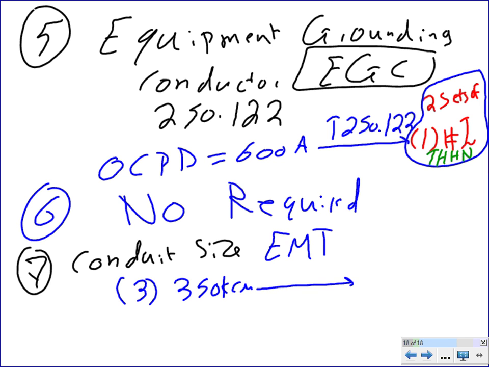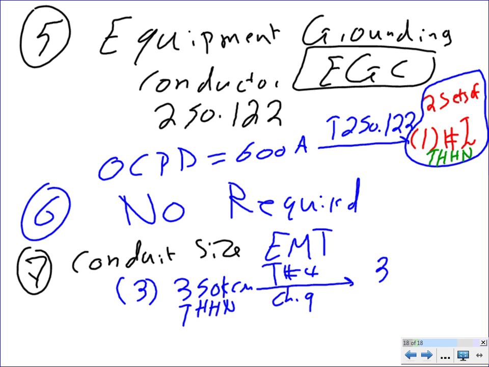kcmil. You're going to take this one to table number 4, chapter 9, and the insulation is THHN. Can anybody get me what 350 is? We were there. 0.5242.